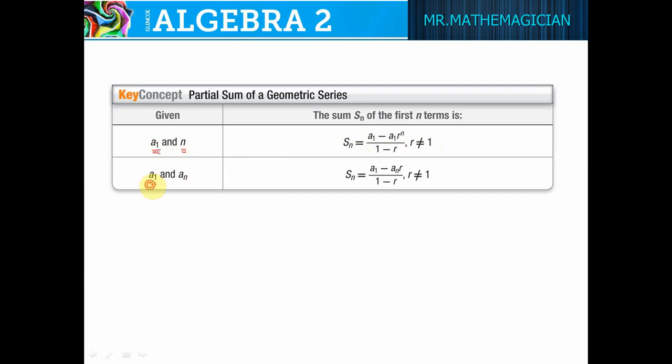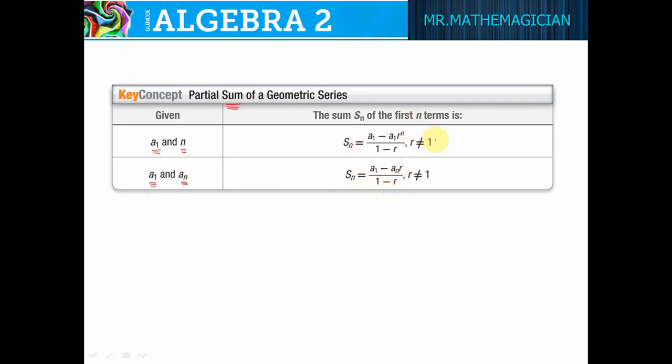Given a1 and an, the last term in our sum, so the first term of the sum and the last term of the sum, Sn will be a1 minus an r over 1 minus r.